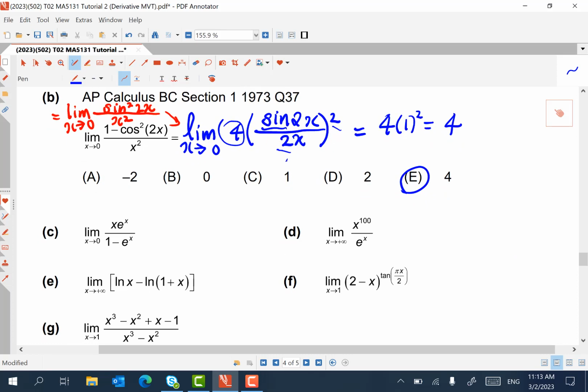For the next question, when x goes to 0, the numerator is 0 and the denominator is 0, so that favors the use of L'Hopital. If you don't use L'Hopital, I think it's also possible.